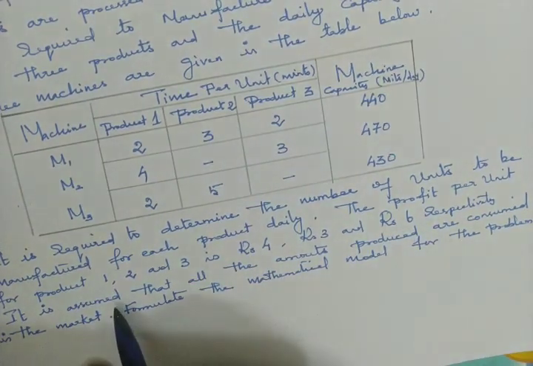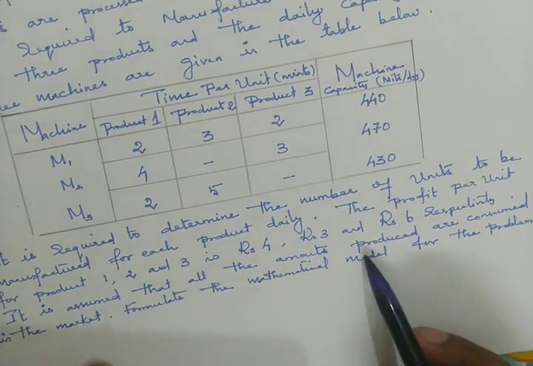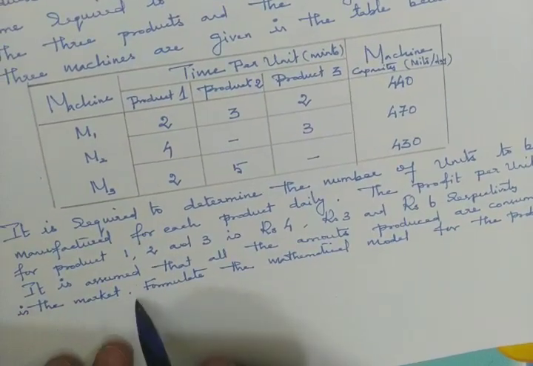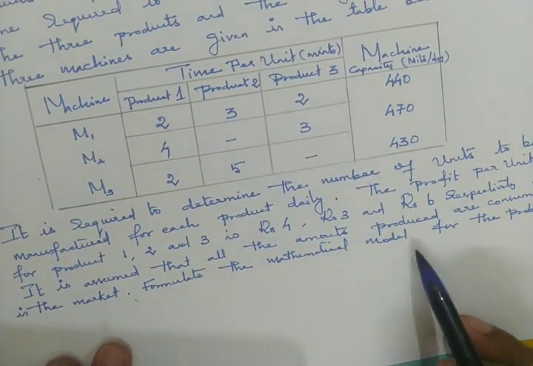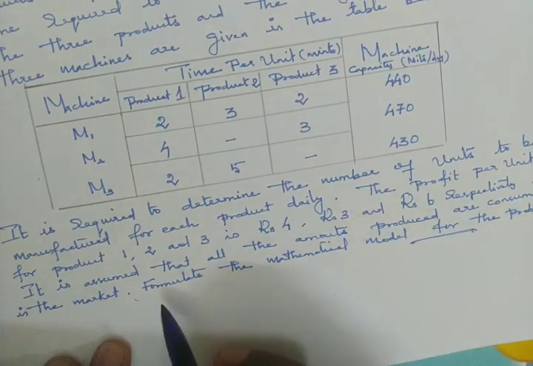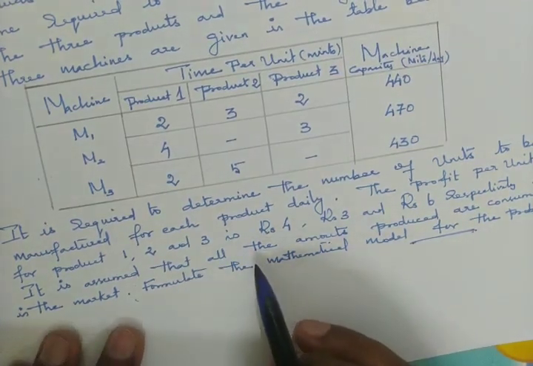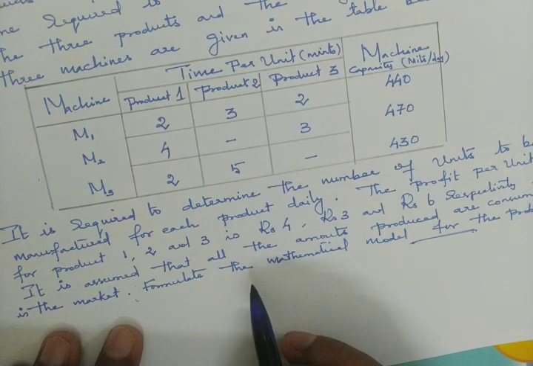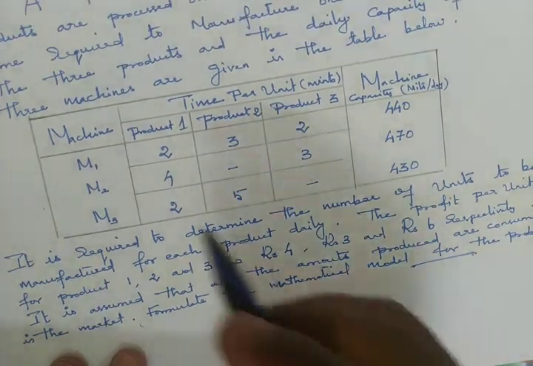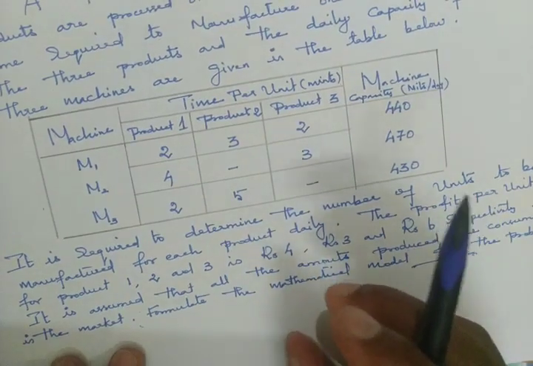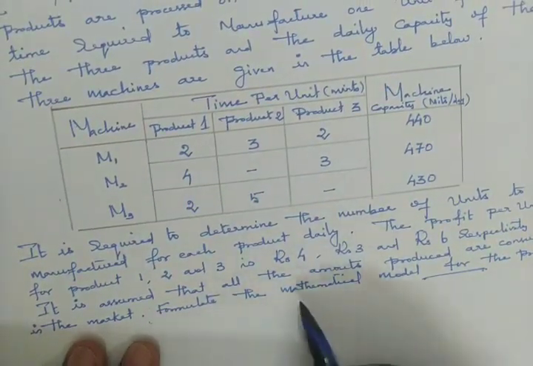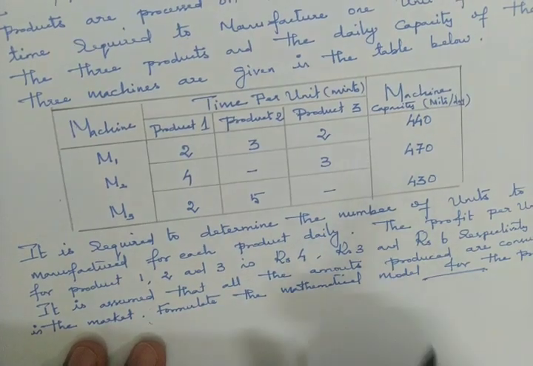It is assumed that all the amount produced is consumed in the market. Formulate the mathematical model for the problem. Here it is not mentioned whether you are going to maximize or minimize the objective function. I told you very clearly initially, when discussing the steps, that when you consider manufacturing products, you are going to maximize.